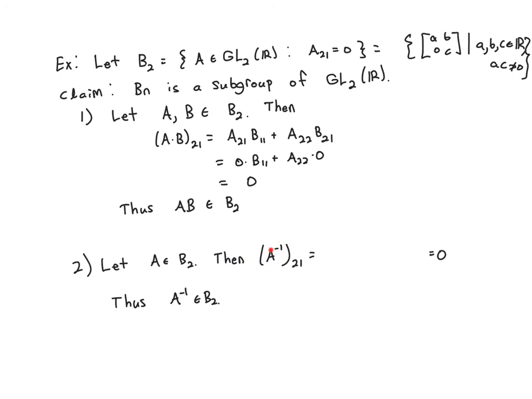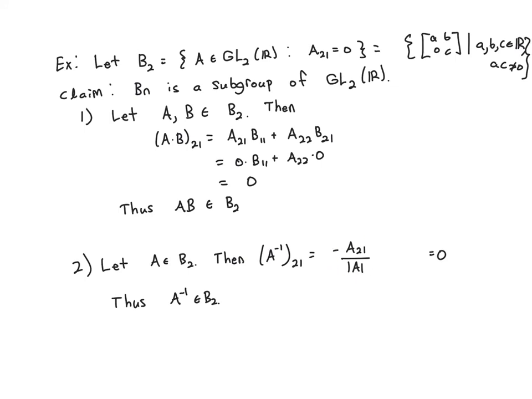Well, what is the definition of A inverse? Well, this second row, first column entry is going to involve the determinant, and it's going to be the negative of the corresponding entry from A. Namely, remember from our definition of inverses that this is the formula. You negate the anti-diagonals and you swap the diagonal entries.